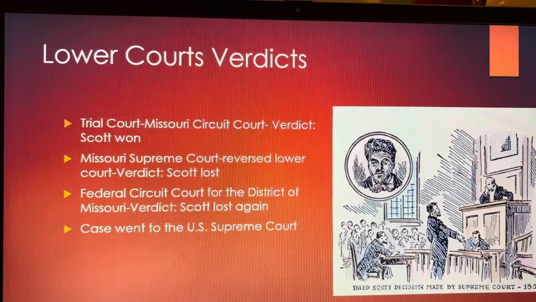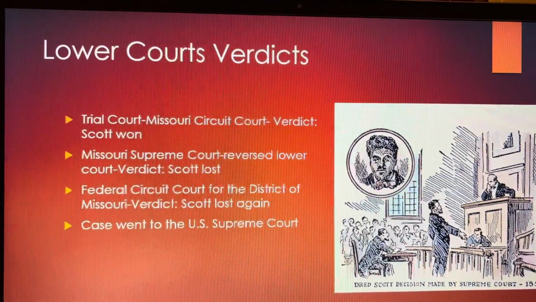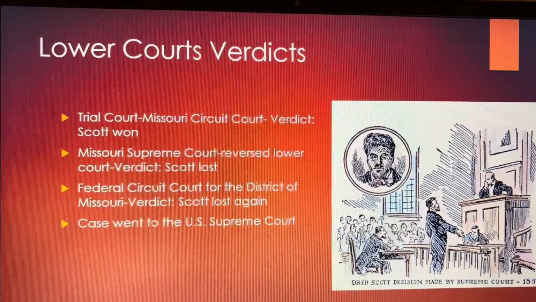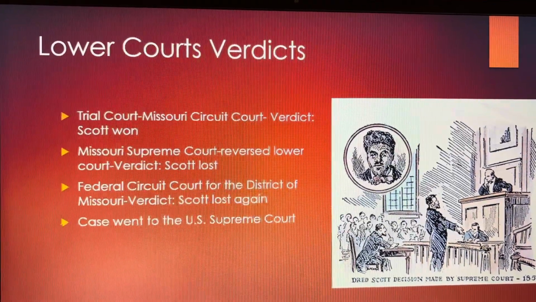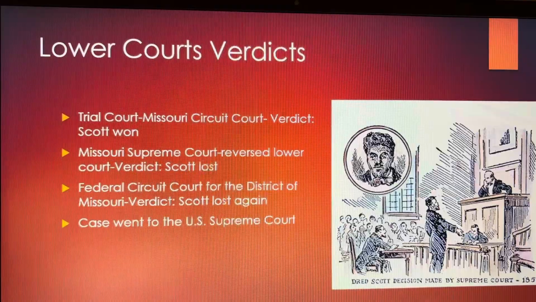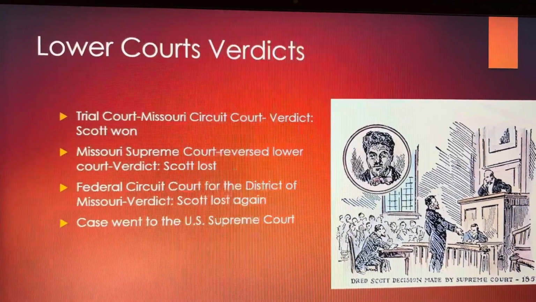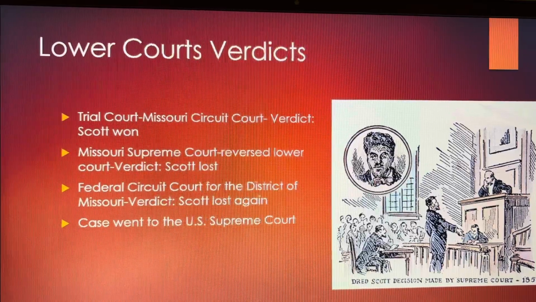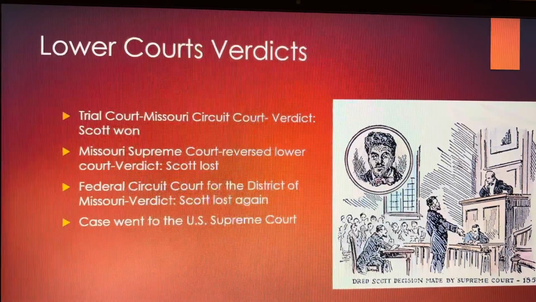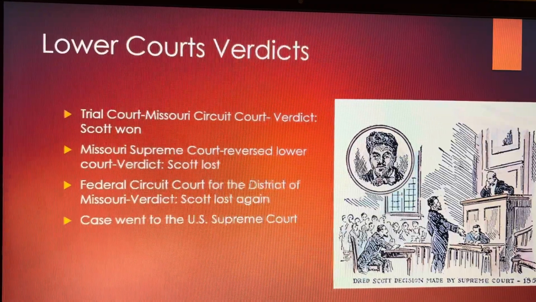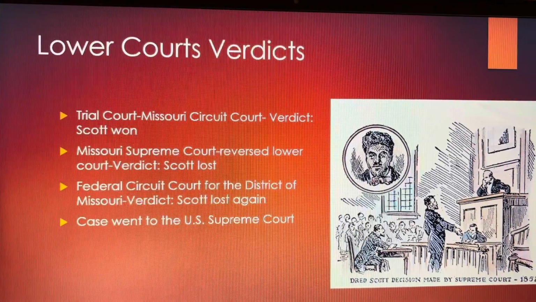They ruled Scott was not free, saying Missouri didn't have to follow free soil rules anymore. 3. Federal Circuit Court for the District of Missouri. The verdict was Scott lost again. The court said Scott was still legally enslaved and treated Sanford, the owner's family, as the rightful owner. The case then went to the U.S. Supreme Court.